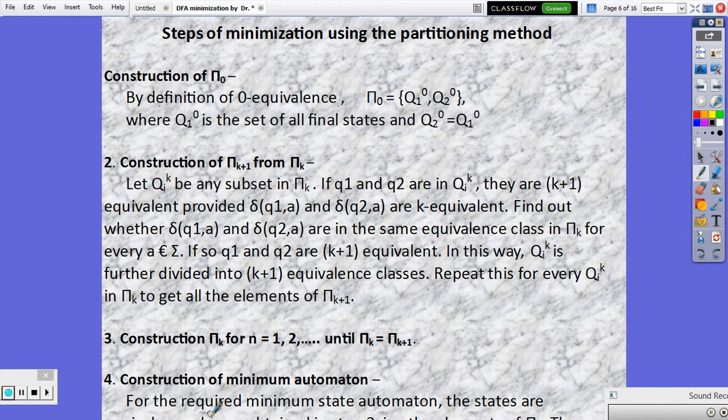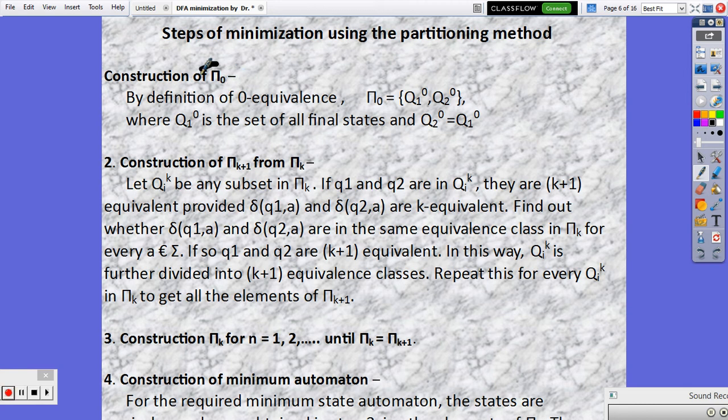So now we'll see the method of minimization. We have the partitioning method or a constructive partition method to minimize the DFA. So what we do is we start with the construction of pi 0.